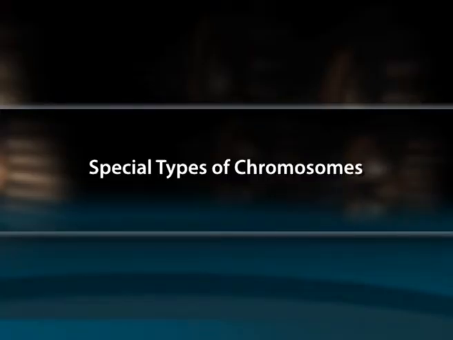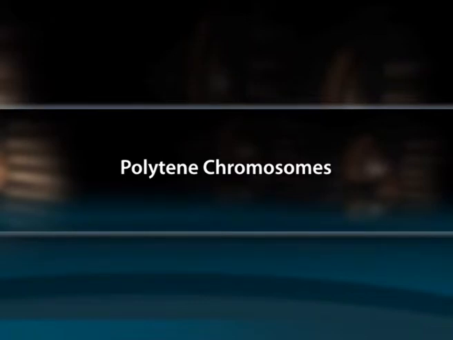Special types of chromosomes. The eukaryotes, besides possessing the usual type of chromosomes in their body cells, contain some unusual and special types of chromosomes in some body cells or at some particular stage of their life cycle. The special type of eukaryotic chromosomes are polytene chromosomes.